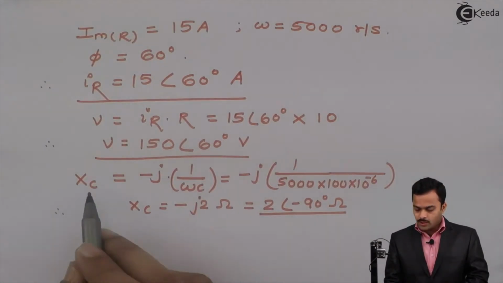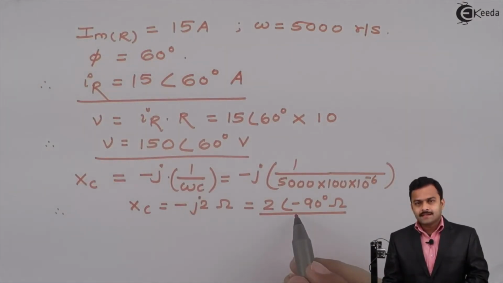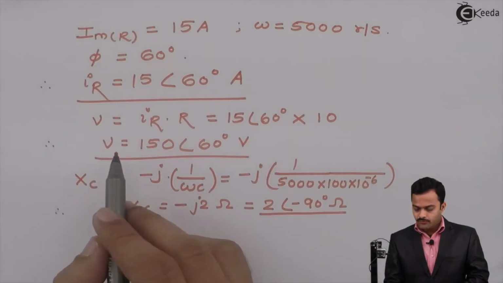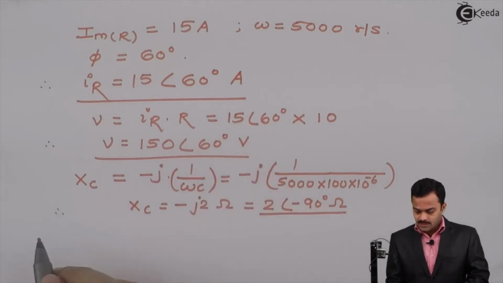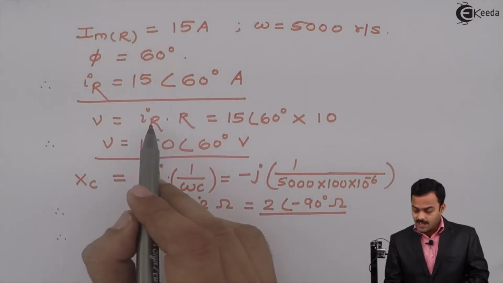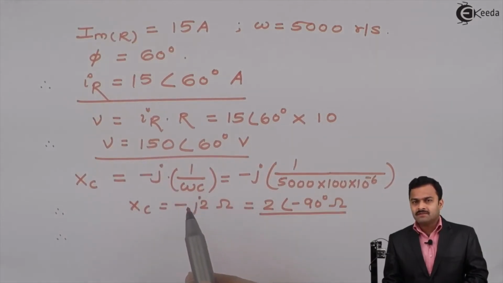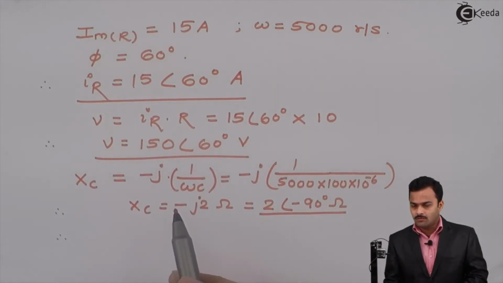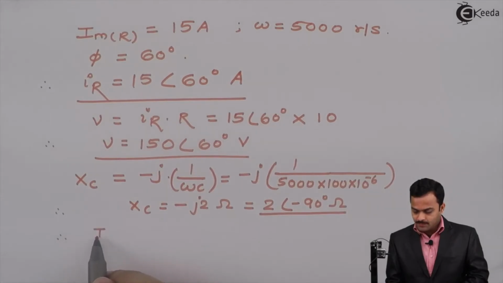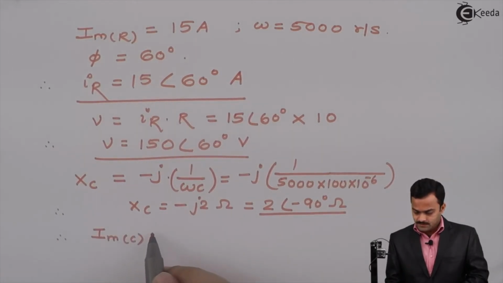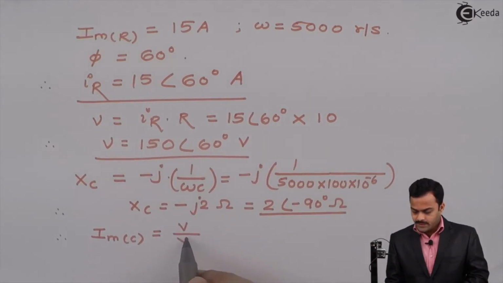Now I have XC in phasor form and V in phasor form, so I can get the maximum current, because here I have considered IR as a maximum. So all these things will be with respect to the maximum current only. The maximum current in the capacitor will equal the voltage divided by the capacitive reactance.